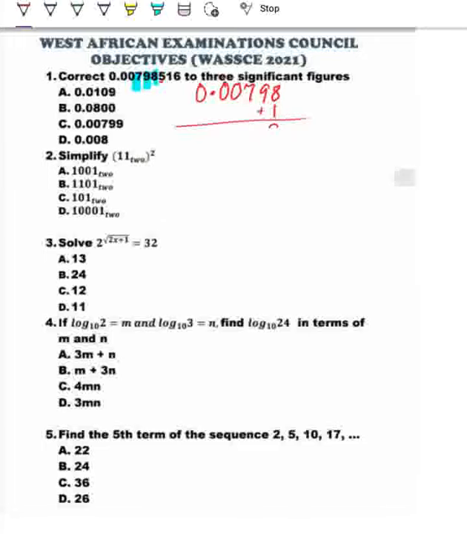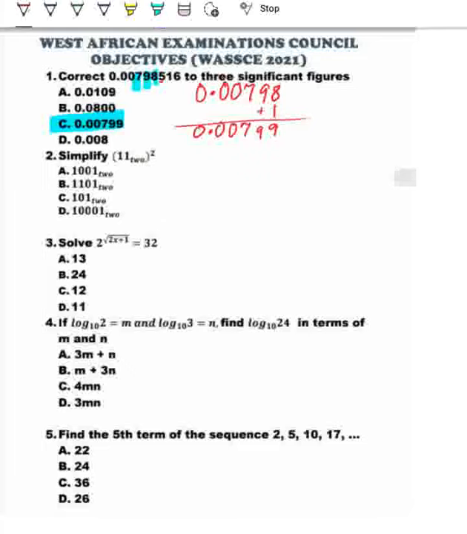So when we add this, we have 0.00799, and the correct option here is C. But remember, if it is not up to 5, you round down to 0 and add to the digit before it, so it will be exactly what was given to you in the question.